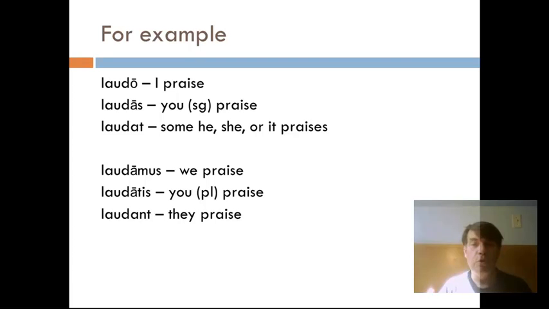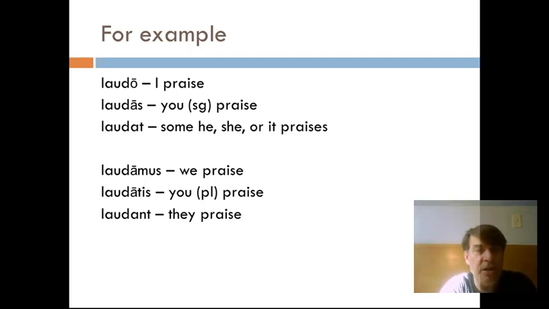And of course if you don't know what the specific they is, you just translate it as they praise. So you can see this is what I mean when I say that Latin is an inflected language. I mean to say that it changes the endings of its words, and that it is primarily by those changed endings, the ending on a word, that you know what's going on, far more than the order of the words as in English.